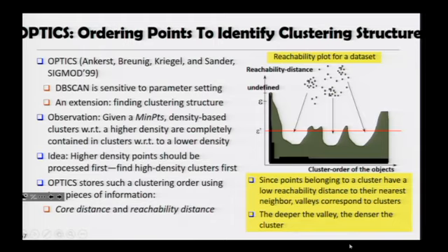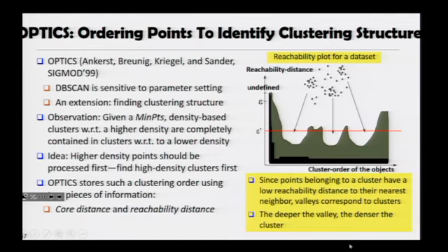So basically, if you are given a minimum points at hand, and you already have a higher density cluster, and then you try to expand the neighborhood size starting from this high density cluster, you will have a lower density cluster for sure. That means the higher density cluster is completely contained in the lower density cluster.